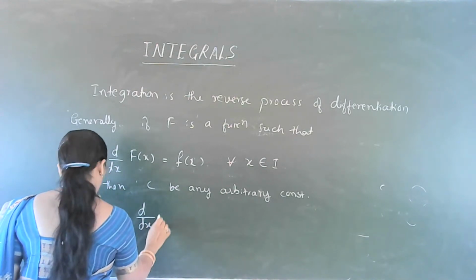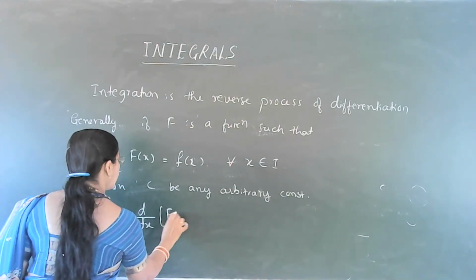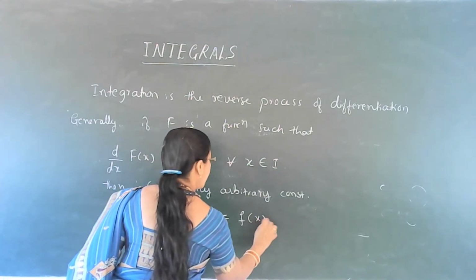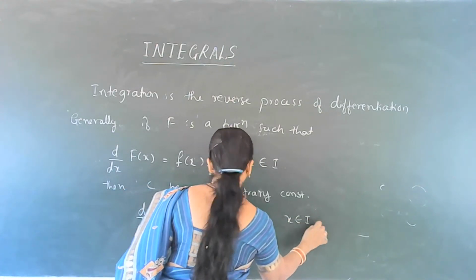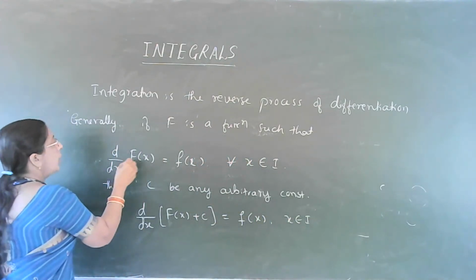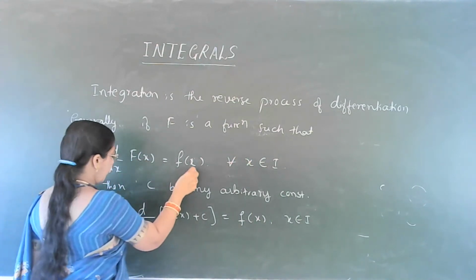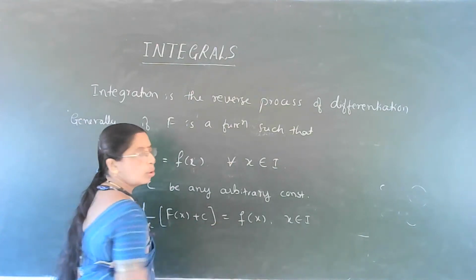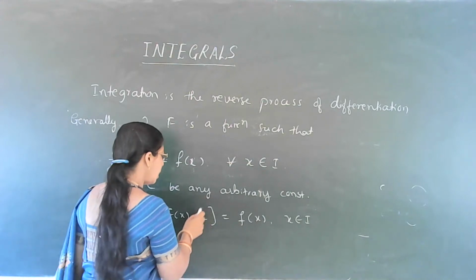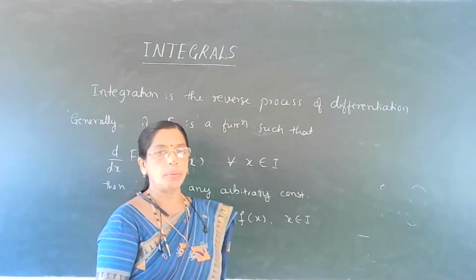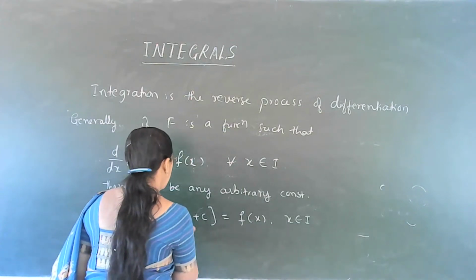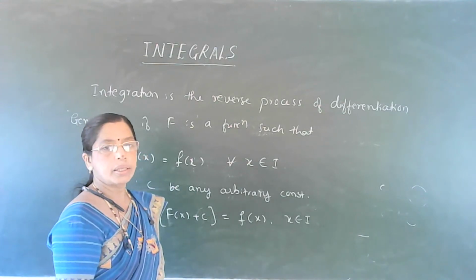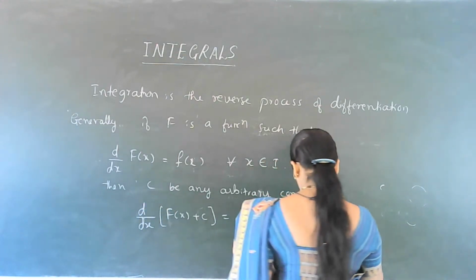Then d by dx of F of x plus c is equal to f of x, where x belongs to I. Here d by dx of F of x is equal to f of x. Then d by dx of F of x plus c also is equal to f of x. Here c is a constant, its derivative is 0. But for the antiderivative, we should write c. Here also we should write c, but c is equal to 0.